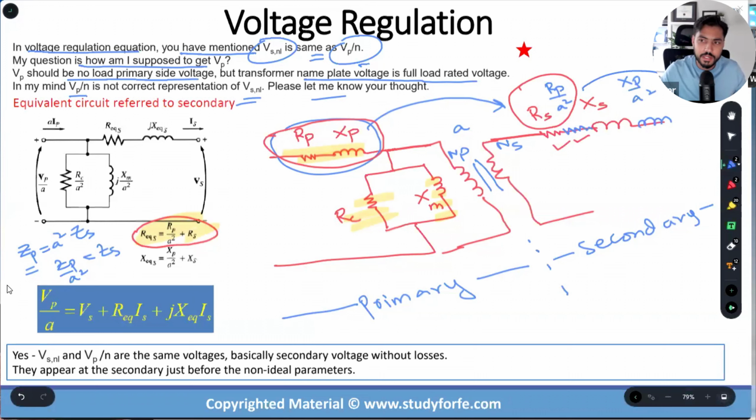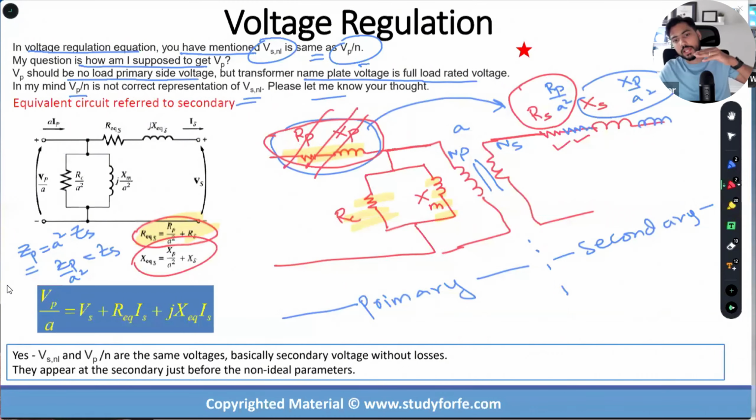I have collected these reactances Xp by A square plus Xs. Correct? So far, so good. So this no longer exists over here. I have moved it to the secondary. So notice what I mentioned in this diagram. Equivalent circuit referred to the secondary.